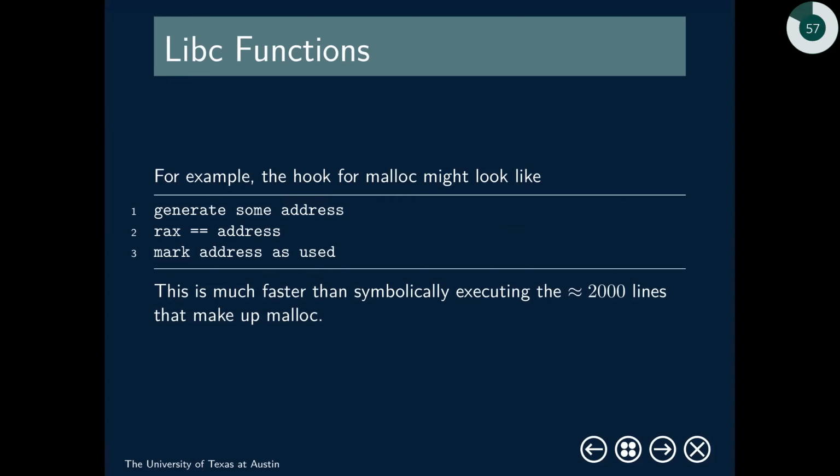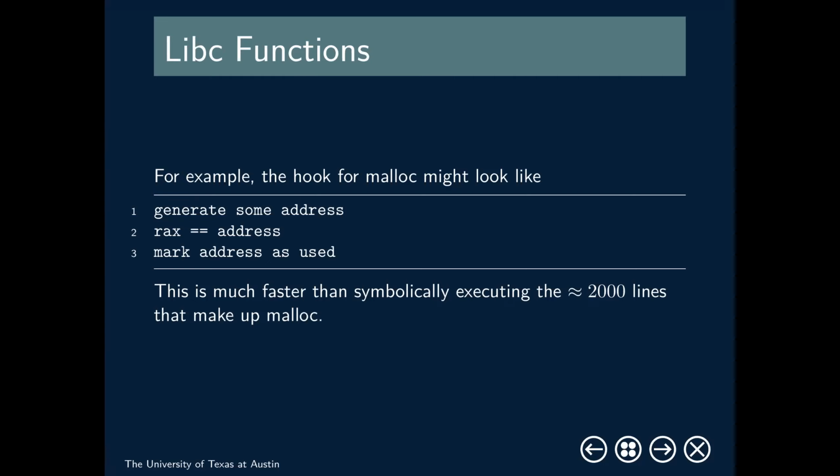So here's an example of what the Python hook for malloc might look like in pseudocode. When we call malloc, we're just going to generate some address, bind the return value to be that address, and then mark that address as already being outputted by malloc. So this is like 3 lines of code.